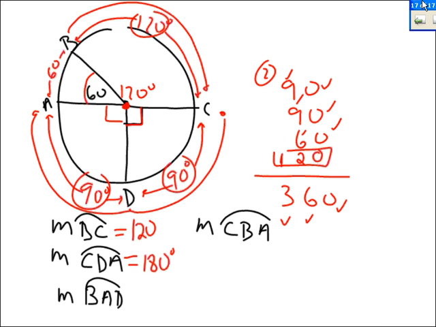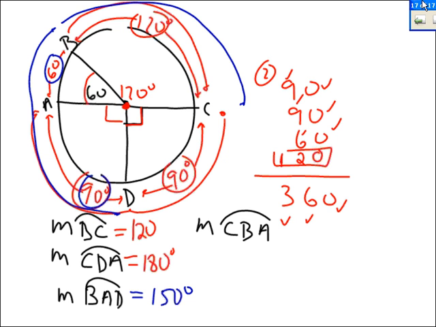Arc BAD, you start at B, you go to A, and you go to D. Well, that's 60 and 90. That's 150. And CDA, you start at C, go to D, and go to A. Well, that's 120 plus 60. That's 180.